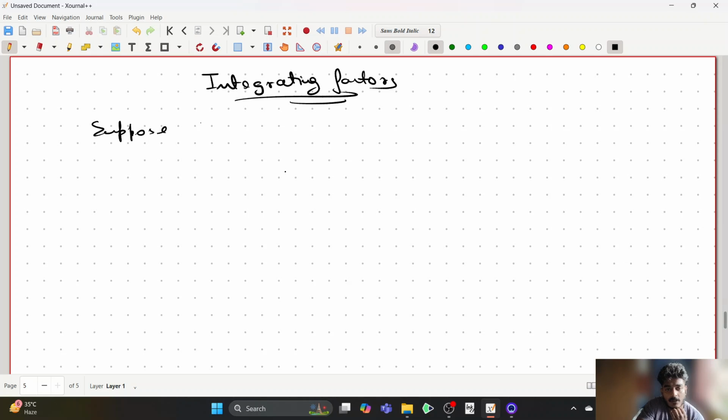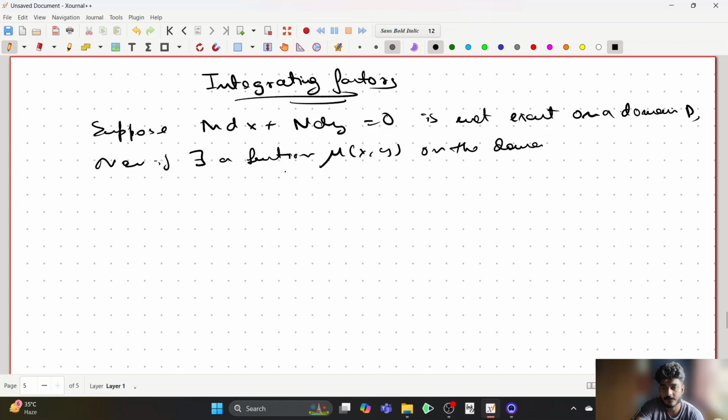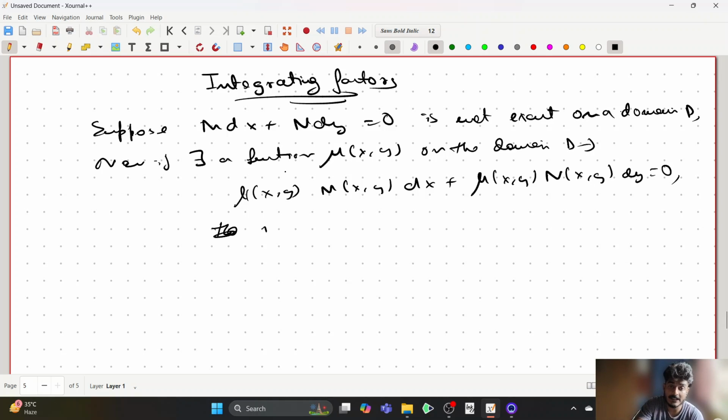Suppose m dx plus n dy equals 0 is not exact on a domain D. Now, if there exists a function mu of x, y on the domain D such that mu times m dx plus mu times n dy equals 0 is exact, multiplying by this specific function will make the equation exact.